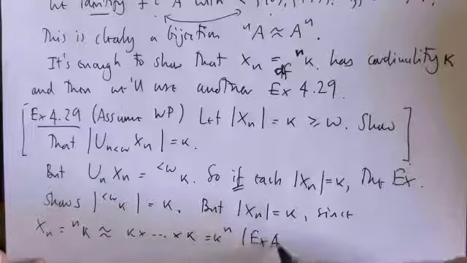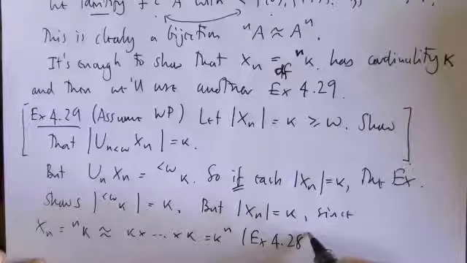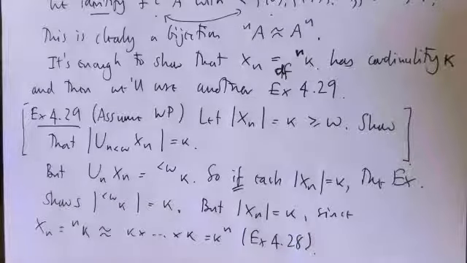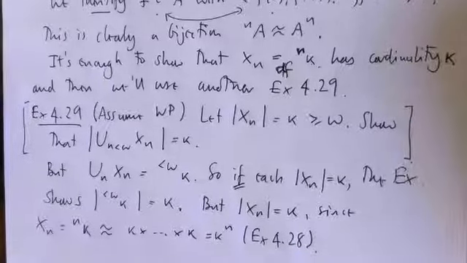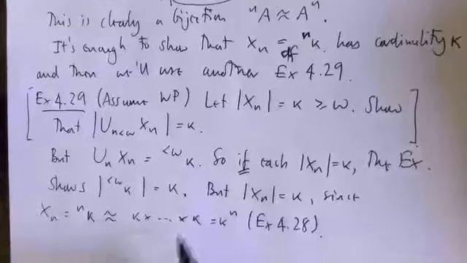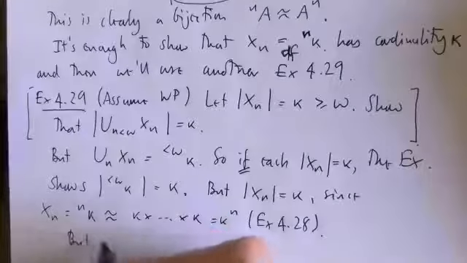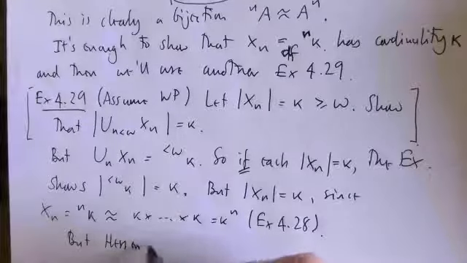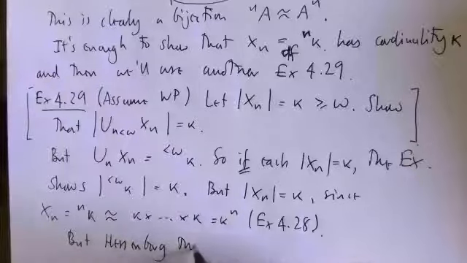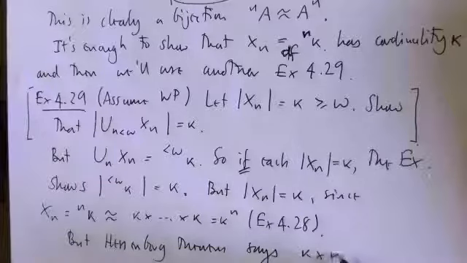This was exercise 428, which we just did. But Hessenberg's theorem says kappa cross kappa is bijective with kappa.